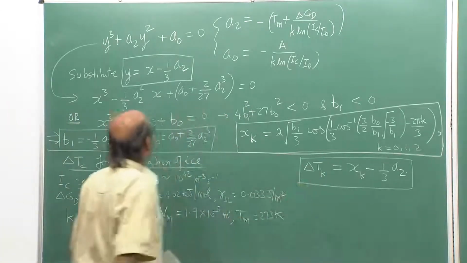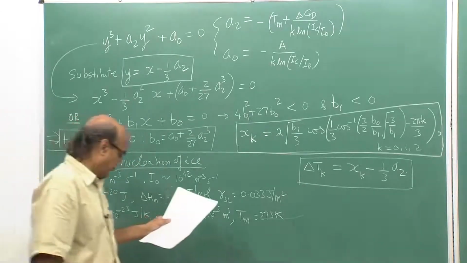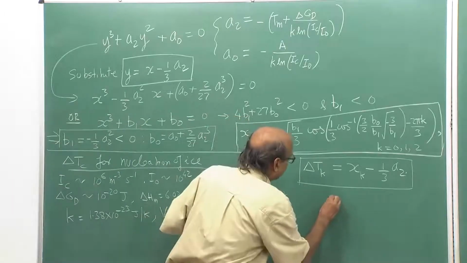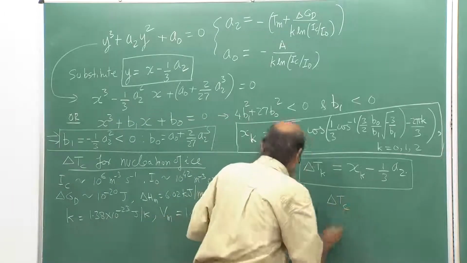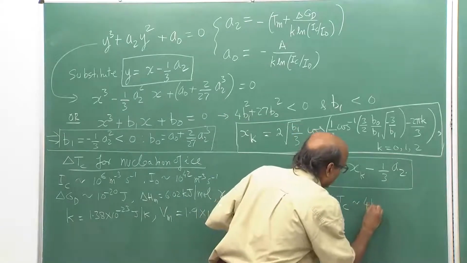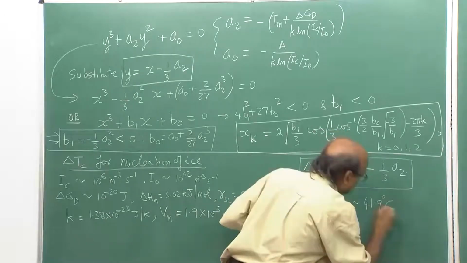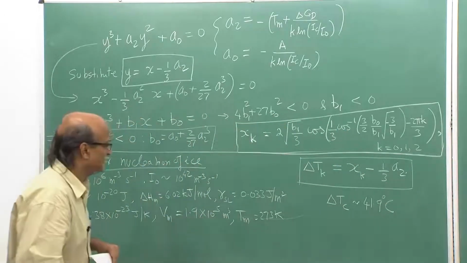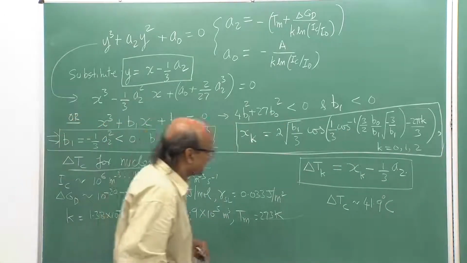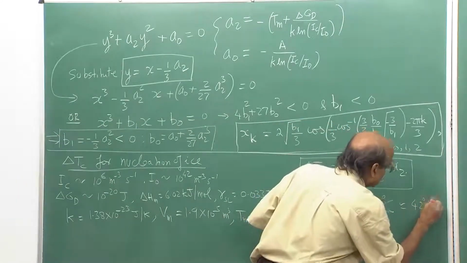If I do this calculation for this nucleation of ice, I get an undercooling delta Tc as 41.9 degrees centigrade or Kelvin, whichever way you wish to write here, or essentially around 42 degrees centigrade.